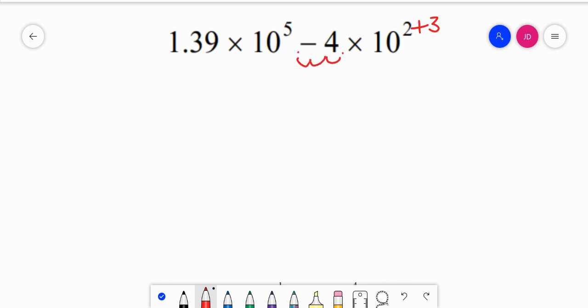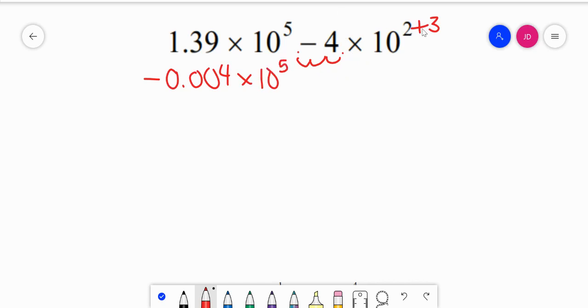Okay, that's where my new decimal will be, and I have 2 empty hops here. So my new scientific notation number will be 0.004 times 10 to the 5th.